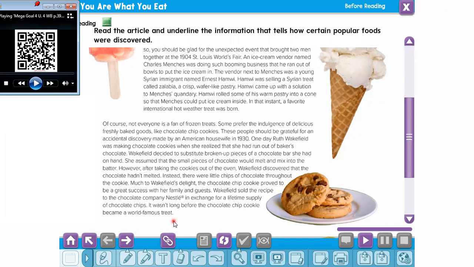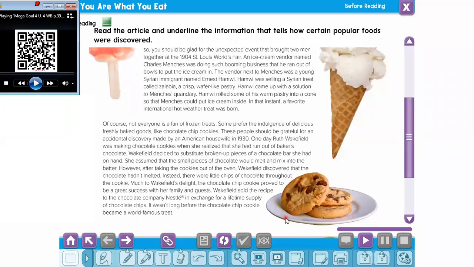Right? What again, Omar? Wakefield. About Wakefield. You mean the person Ruth Wakefield. Yes, exactly, correct. What did he discover? He discovered an American... no, he discovered an American housewife.